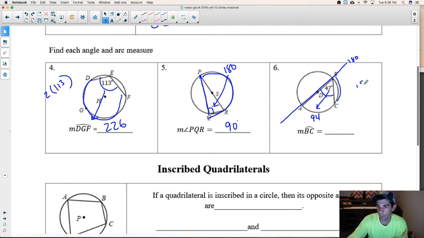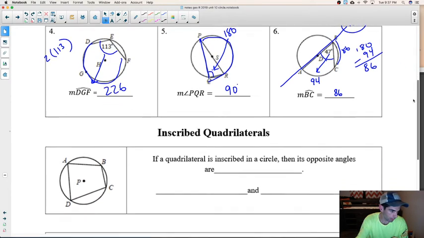So what you would do is take 180 and subtract 94. And then that's going to give you 86. So right here, that's going to be 86 degrees, because 86 and 94 would give you 180. Right, so just be careful.